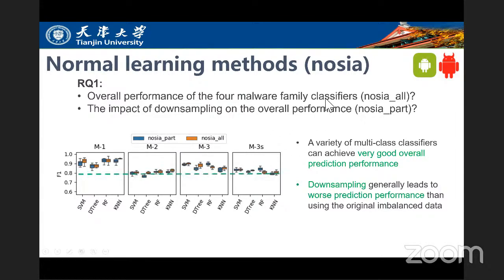As shown in this figure, the classifiers give F1 of more than 0.8, which means very good performance. But when comparing the F1 value of the same classifiers in NOSI all and NOSI part, we find downsampling cannot address the data imbalance well. They're very close.